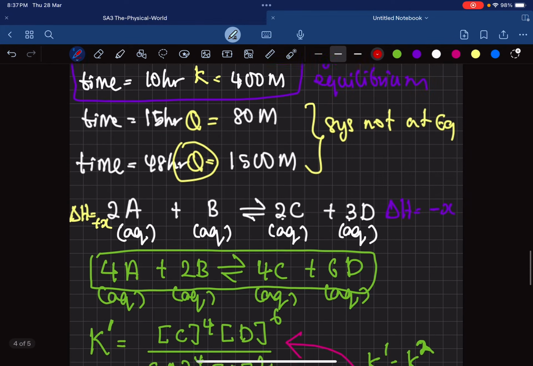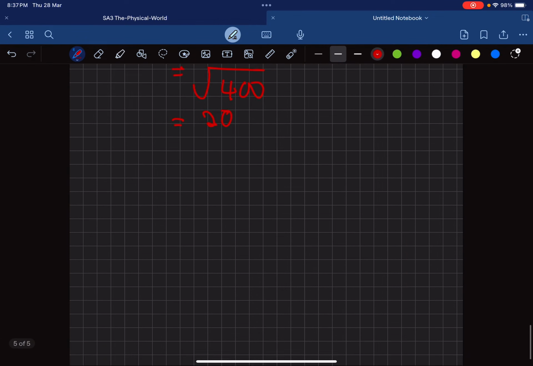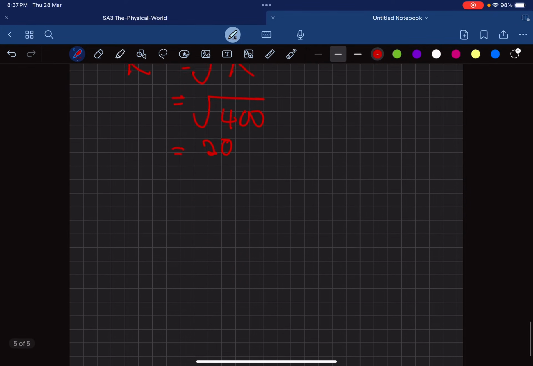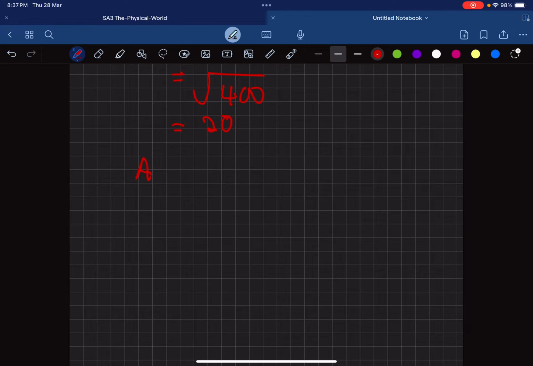Okay. So you see, when we write homogeneous equations, I hope I can remember the original equation. Let's say a plus b, this was 2, and then it was 2c plus 3d, correct? Initially I told you this was all aqueous.